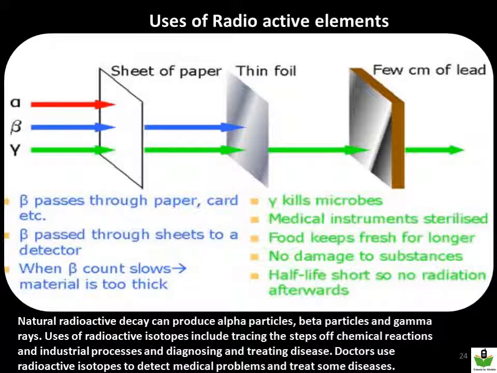Uses of radioactive isotopes include tracing the steps of chemical reactions and industrial processes, and diagnosing and treating disease. Doctors use radioactive isotopes to detect medical problems and treat some diseases.